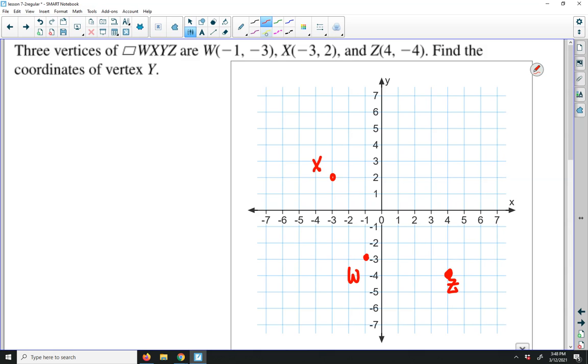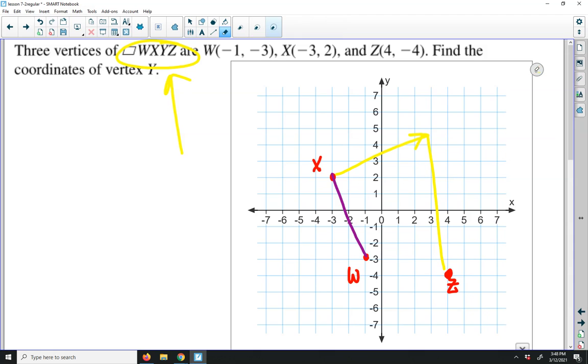Following the order they give me for my parallelogram, W has to connect to X, connects to Y, connects to Z. So in order, W goes to X. X then has to go somewhere over here, because then it's going to get matched up with Z, and then it has to swing back around to W.